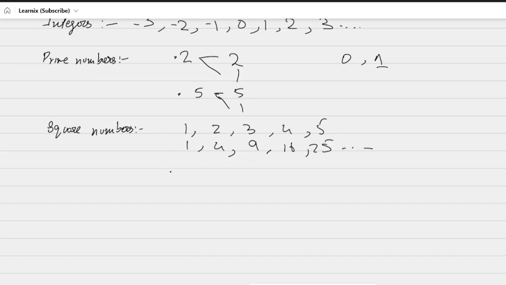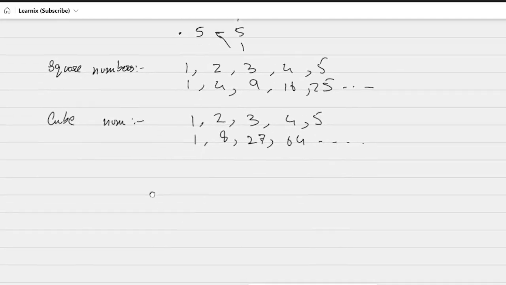And same with cube numbers. They're basically natural numbers, but just the cube of them. You can try to find these out yourself. They would be 1, 8, 27, 64, and on and on and on. These are cube numbers.